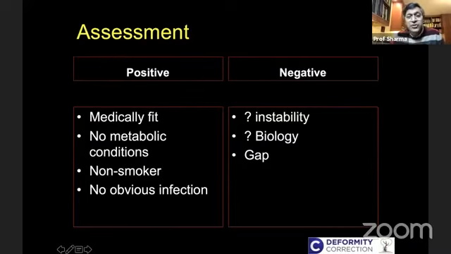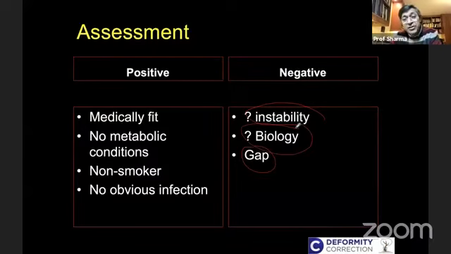So how are you going to deal with all these things with the dynamization? Now, dynamization will possibly deal with the gap, but not really, because the gap is only on one cortex. It will increase this and it will possibly help in this, but not really. It will cause instability and therefore will not heal.